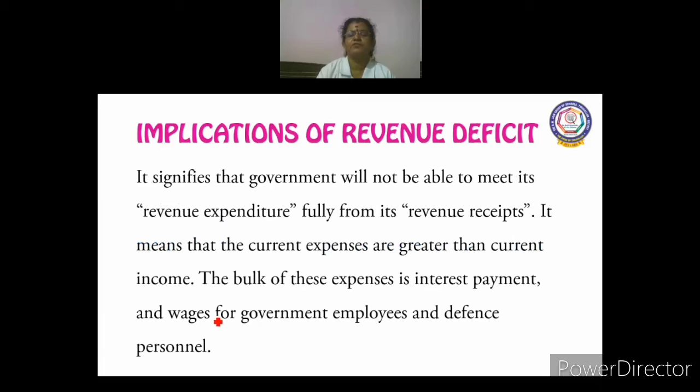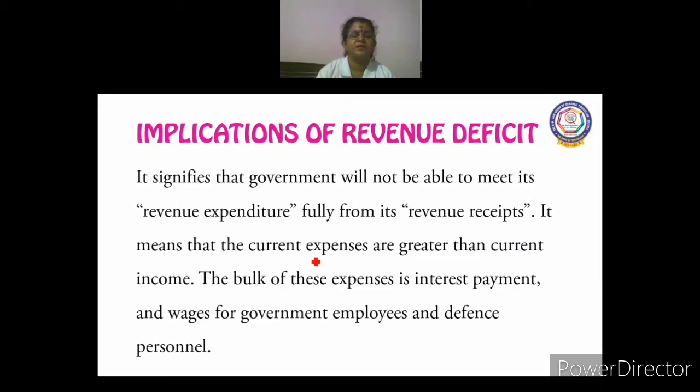Implications of revenue deficit. It signifies that government will not be able to meet its revenue expenditure fully from its revenue receipts. So when it is not able to meet the revenue expenditure from the revenue receipts, it leads to deficit.